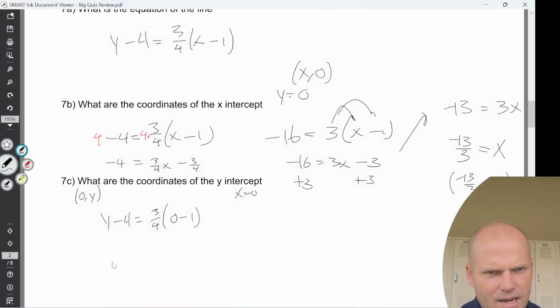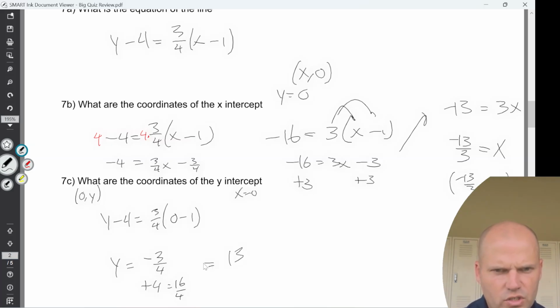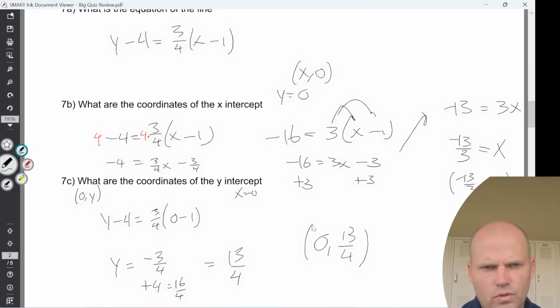I will then add 3/4 and 4 together to find y. 4 is 16/4, and 16/4 plus 3/4 is 19/4. So I have 0, comma 19/4.